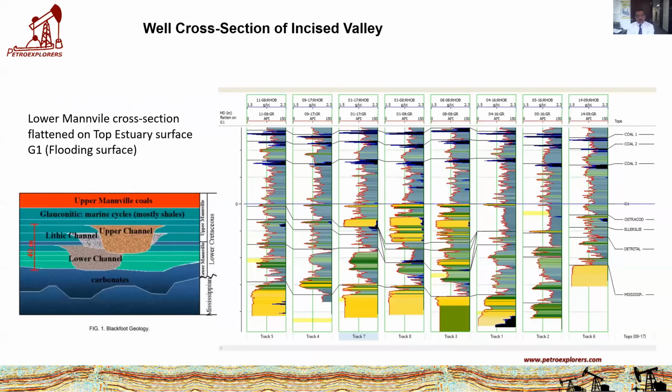So if you look at the model, which has the upper lithic channel, upper channel, and lower channel, you cannot really tell the lithic channel to be different from the background. It may be a silty channel, but again, a channel can be filled by silt, sand, shale, anything.